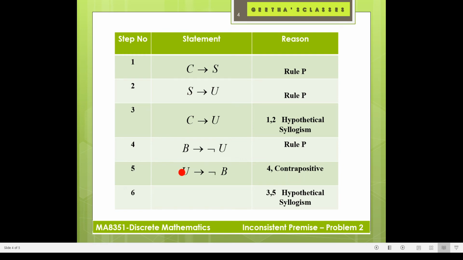Now you combine the third step and the fifth step: C implies U, U implies not B. By using hypothetical syllogism, C implies not B. Right. Next.